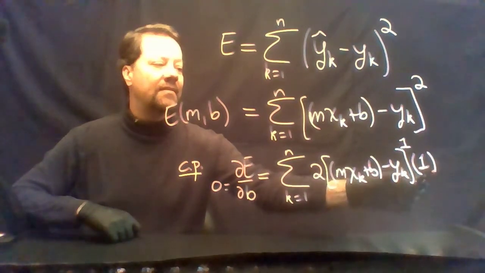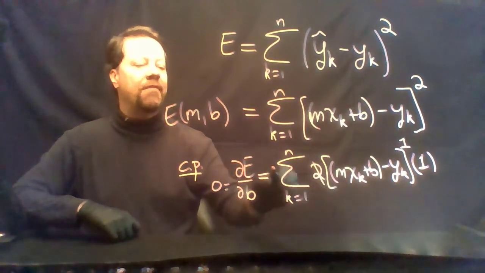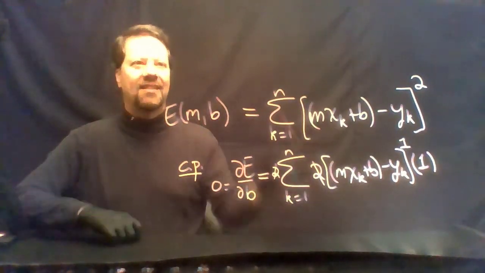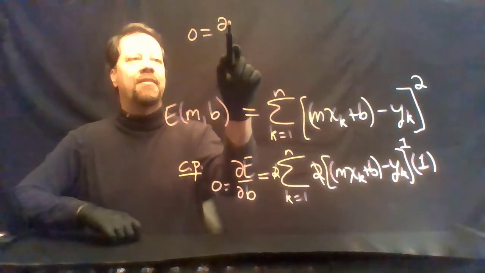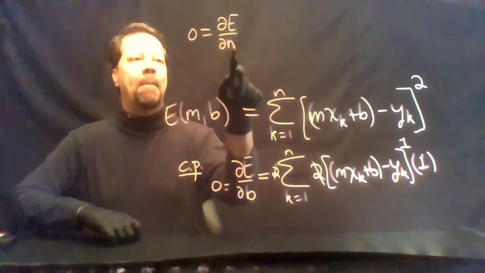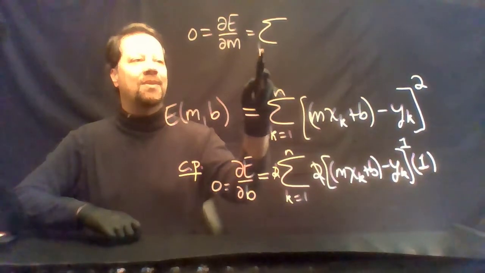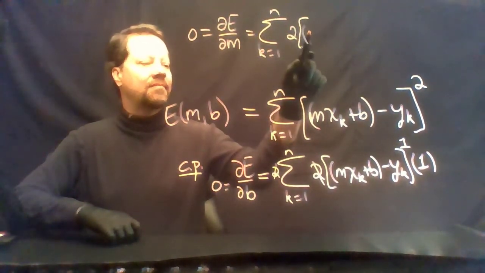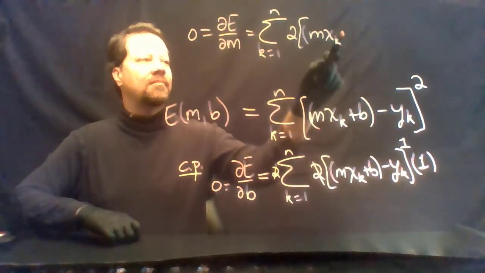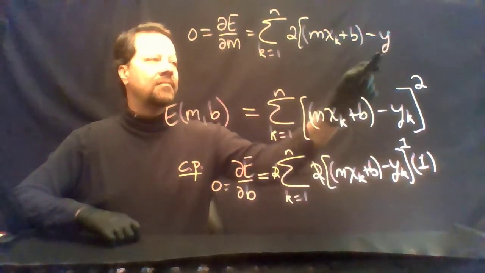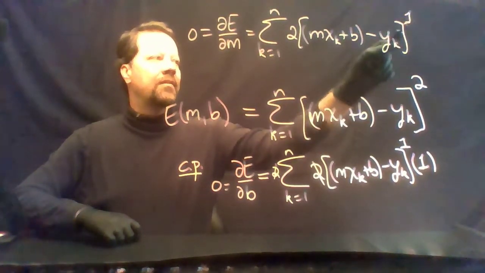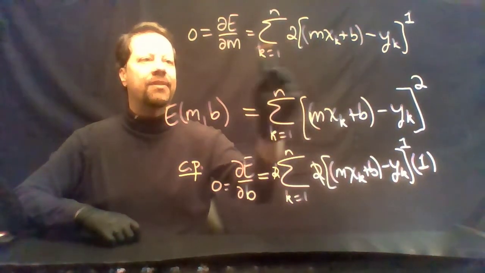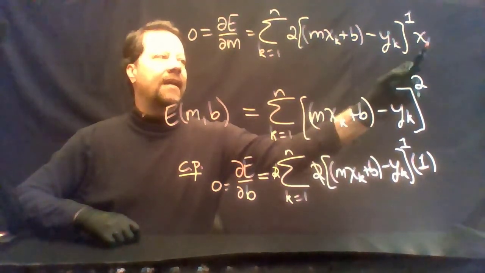And that's just 1. Note that the 2 can be factored out of the sum and then divided off. We also take the derivative of E with respect to m and set it equal to 0. We subtract 1 from the exponent, and then we multiply by the derivative of the inside with respect to m. That gives us xk.